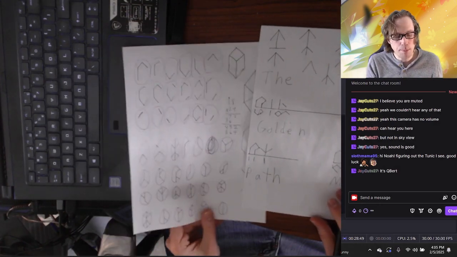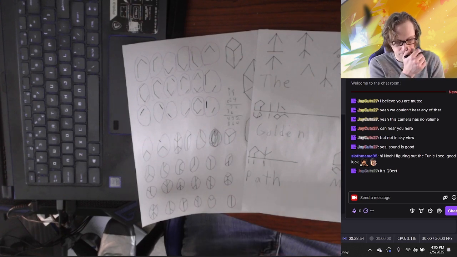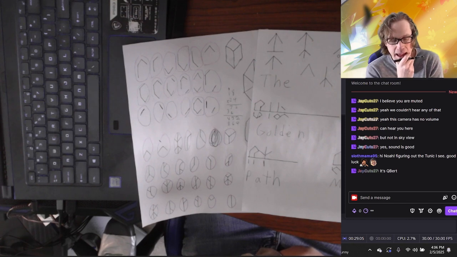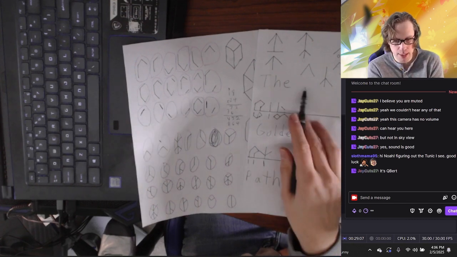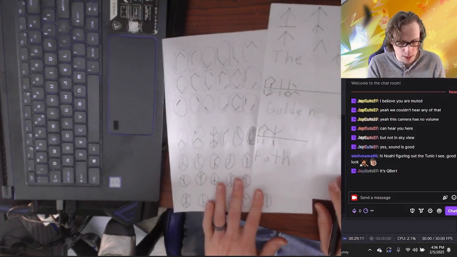Then what's going on with path? What do we think path looks like broken down like this? Let's take a few moments to think about that.